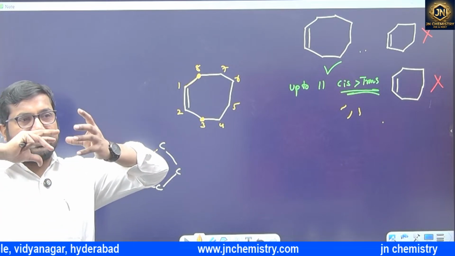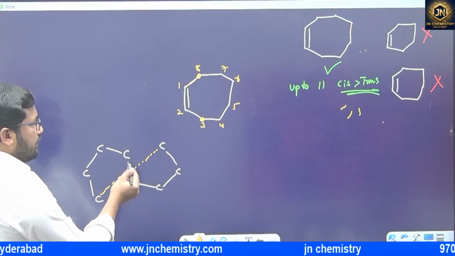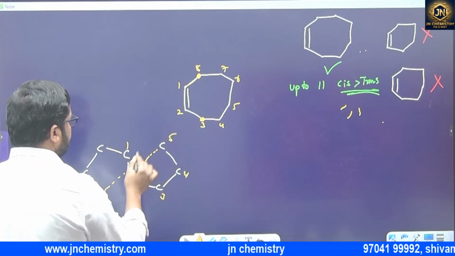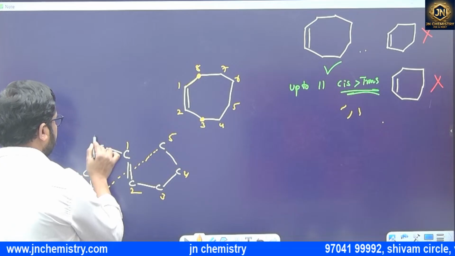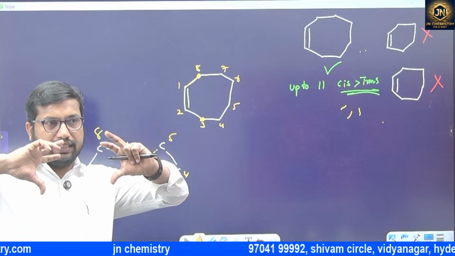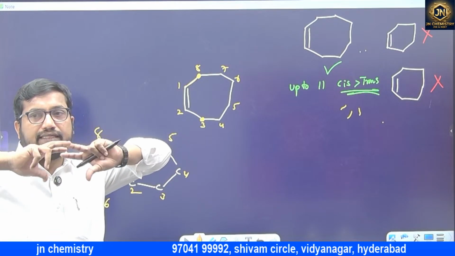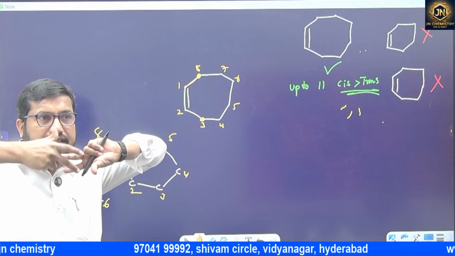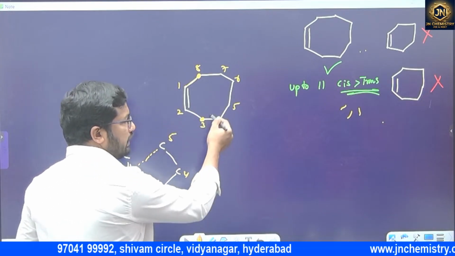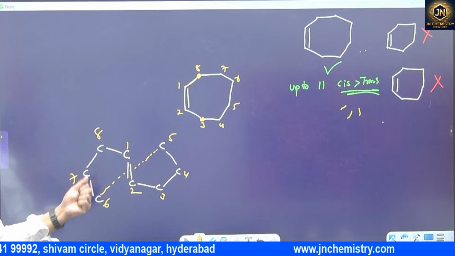We just totally twisted it. Imagine 1, 2, 3, 4, 5, 6, 7, 8. When we are twisting, stability is decreasing. That's the reason cis is more stable up to 11, more stable than the trans.